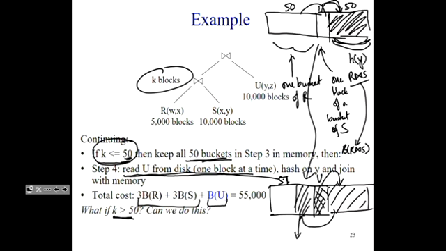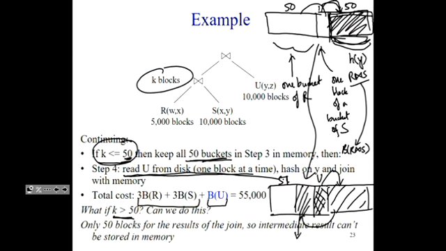Because you have only 50 blocks that you can reserve for storing the results of R join with S. If it goes beyond that, then you have to materialize. You have to store something onto disk. But once again, you can be smart about this, and let's talk about how. Essentially you have only 50 blocks for the results of the join, so the intermediate results can't be stored in memory.